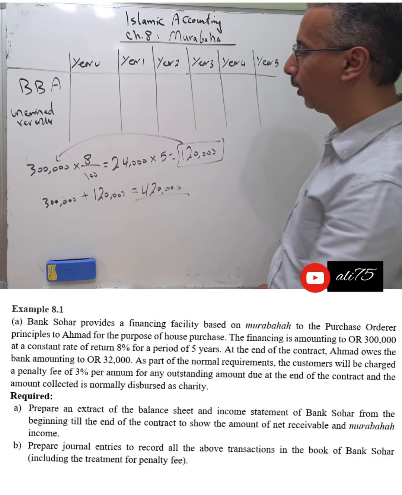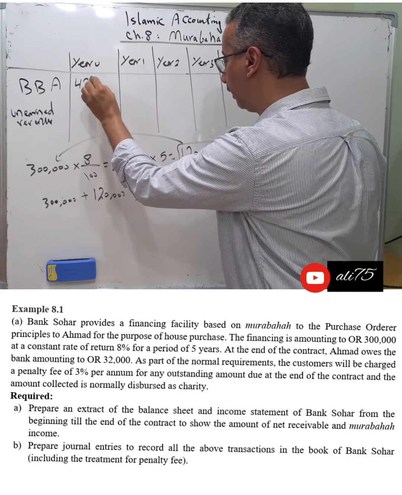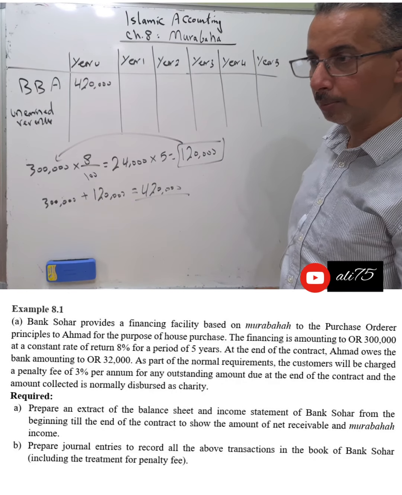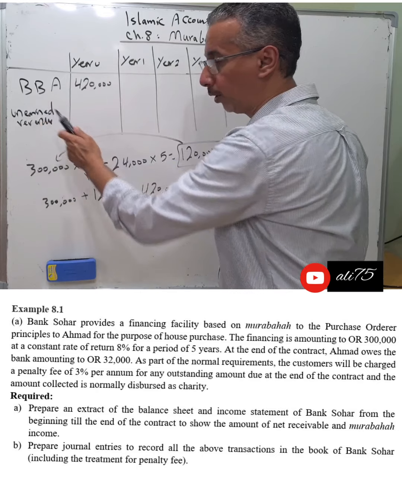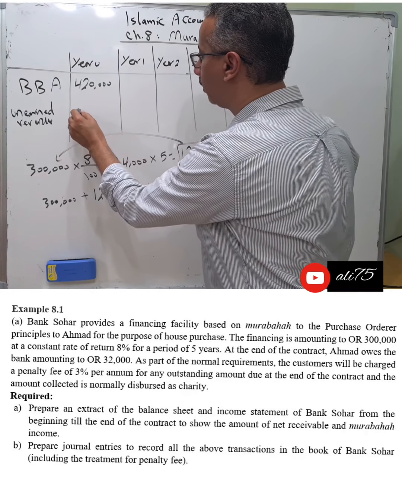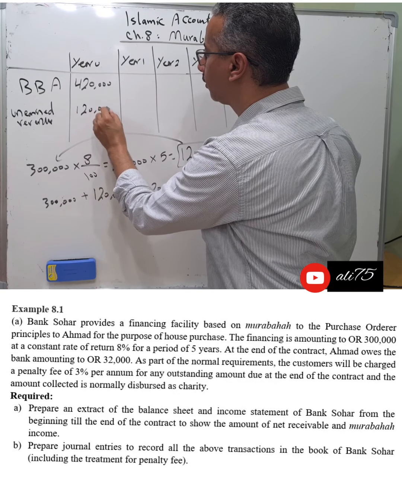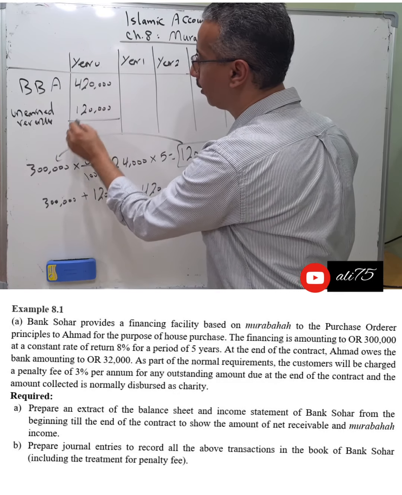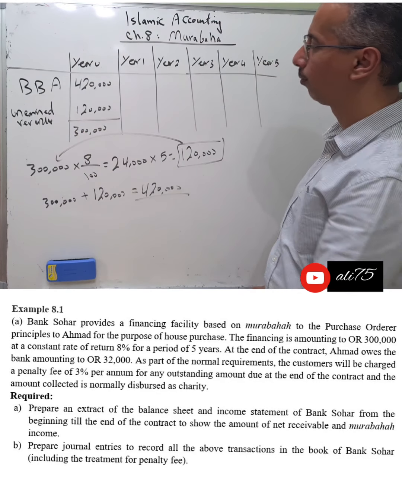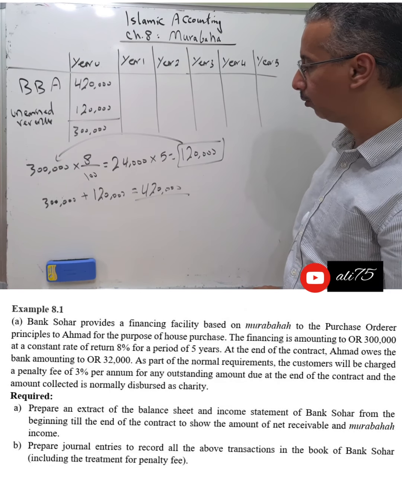Then the bank will show in the balance sheet in year 0, 420,000. The bank has unearned revenue of 120,000 because we are still at the beginning of the contract. The normal cost is the difference, which is 300,000. Then after the first year, what will happen?